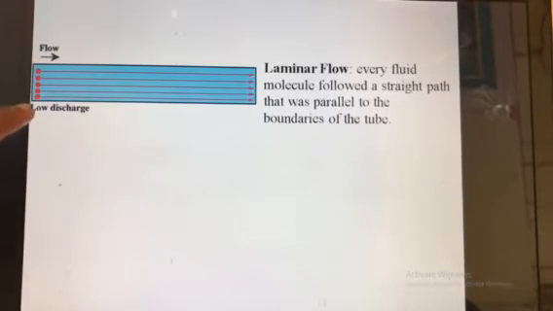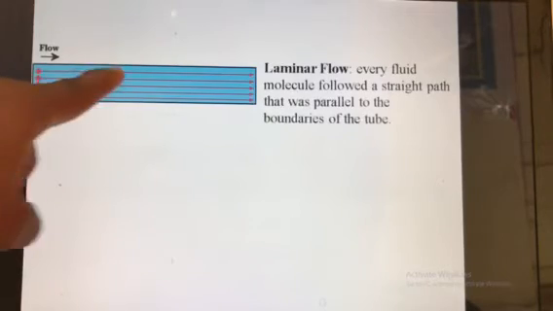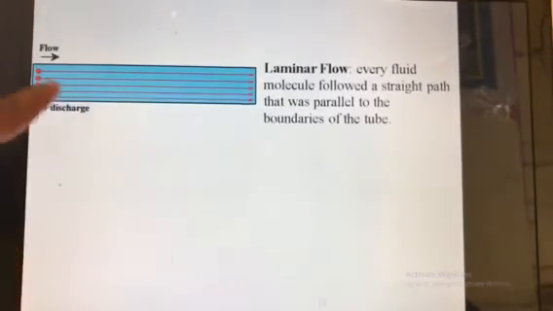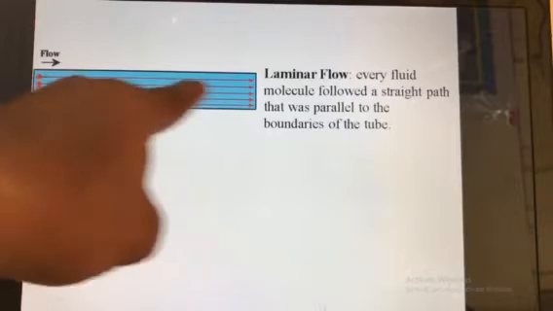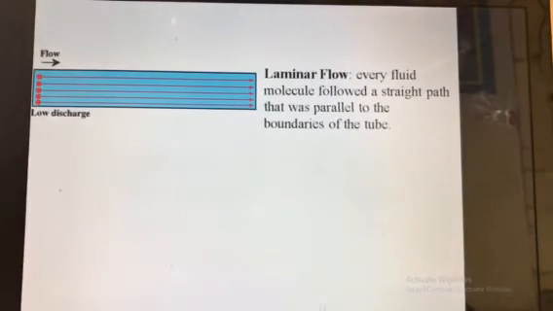These are the fluid particles, and they are moving in a well defined and parallel path. The fluid particles move along well defined paths or streamlines. These are the streamlines, and the fluid particles move along a streamline.